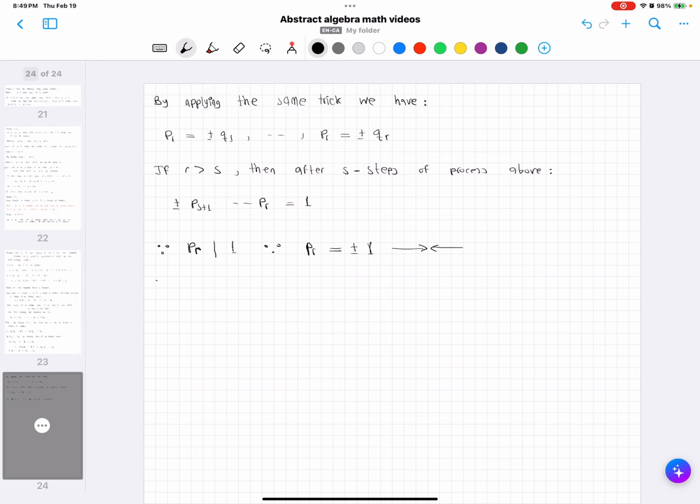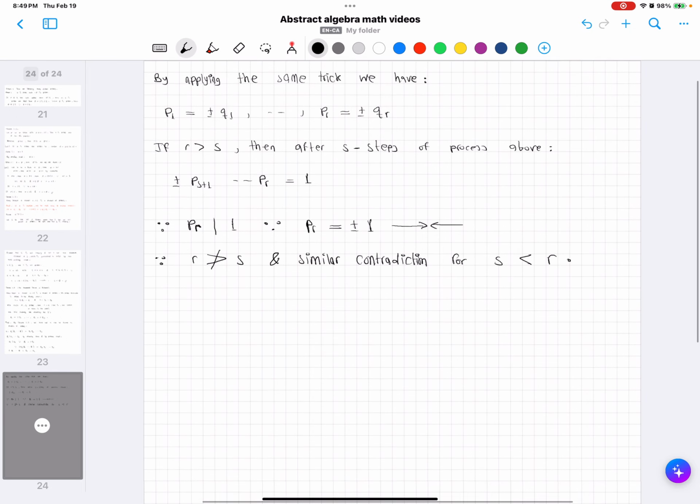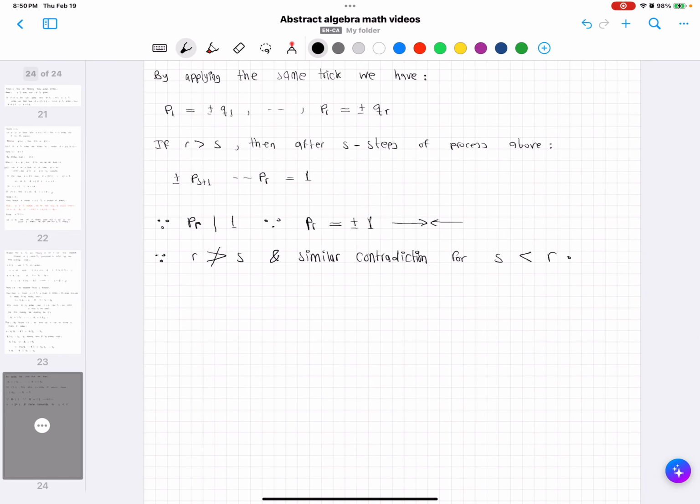And a similar contradiction arises for S less than R by replacing the roles of PR and QS.